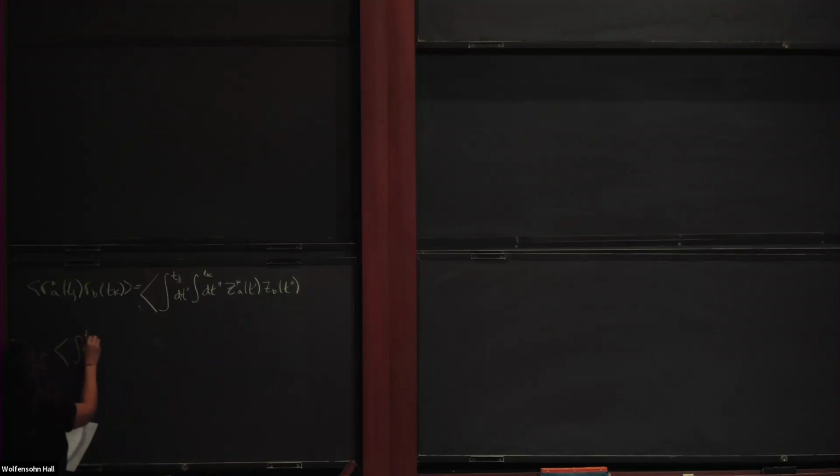We again have this integral in dt prime up to some time tj, and that's the time at which you take a residual from pulsar A. Remember, those two things are related. And then we have our dt double prime at time tk. And now we write down the Fourier transforms, minus infinity to plus infinity, in df prime and df double prime.